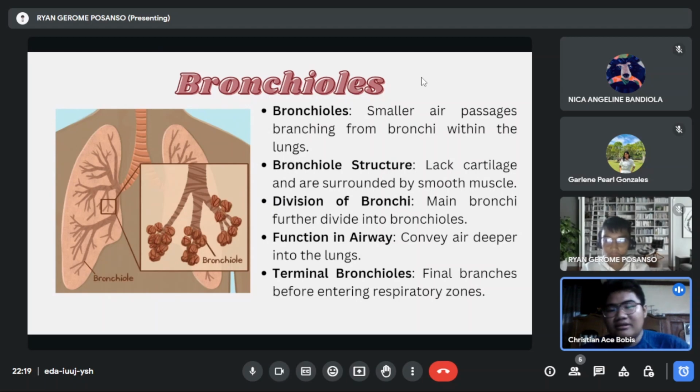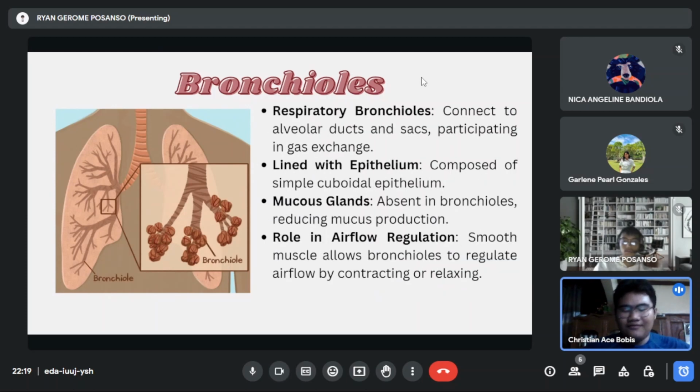Moreover, the terminal bronchioles are the final branches before entering the respiratory zones, which is found similarly in the microscopic image. The next slide, please. And lastly, as I've identified in terms of the description of what is important to the bronchioles, it connects to the alveolar ducts and sacs participating in gas exchange, which will later be discussed by my fellow group member Ryan.